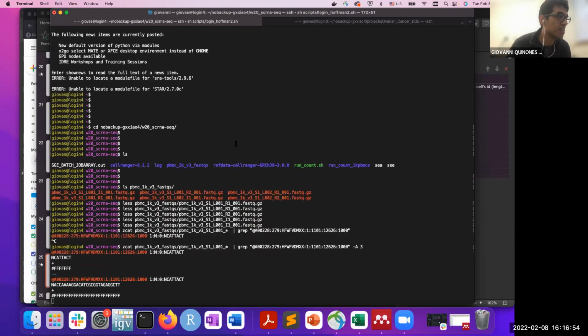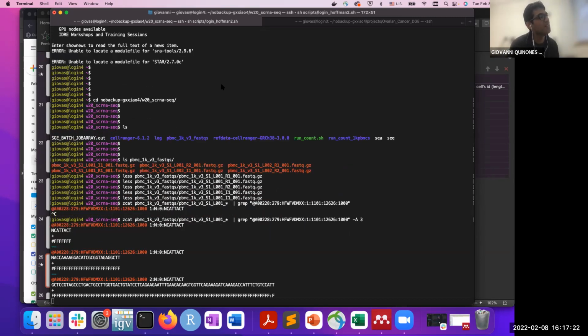Somebody's asking if R1 means reverse and I1 means index. I1 means index, yeah, the sample index. R1 doesn't mean reverse, it means read, but it could be reverse.